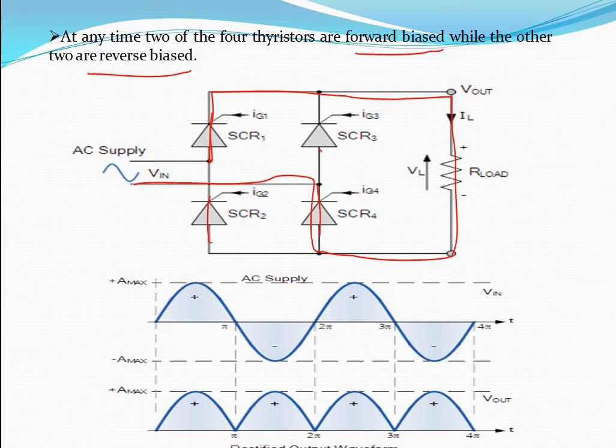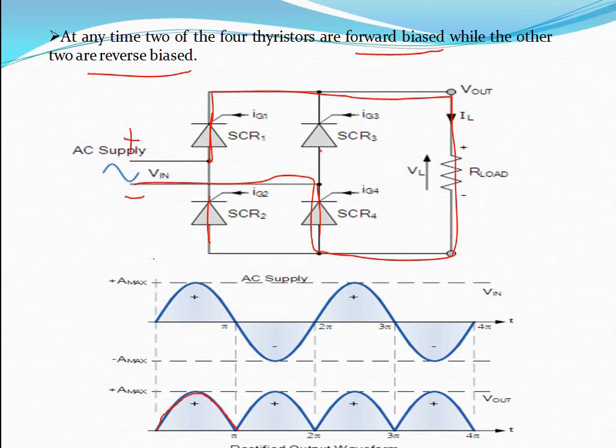And this is the output voltage for the positive half cycle. So you can see the output voltage like this, and here for the positive half cycle this is plus and here it is minus.